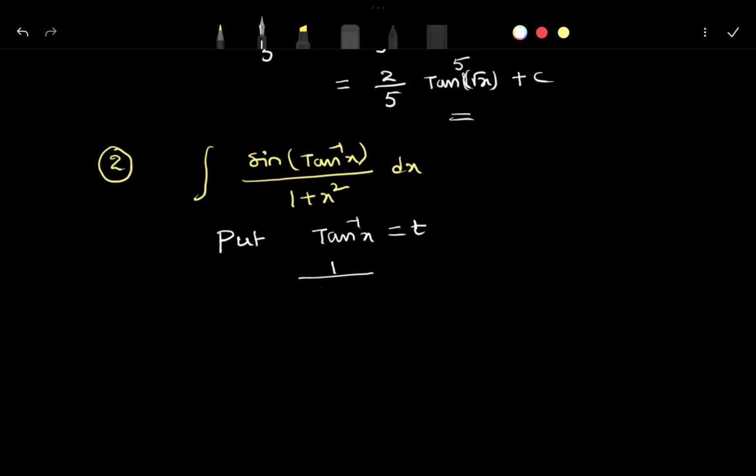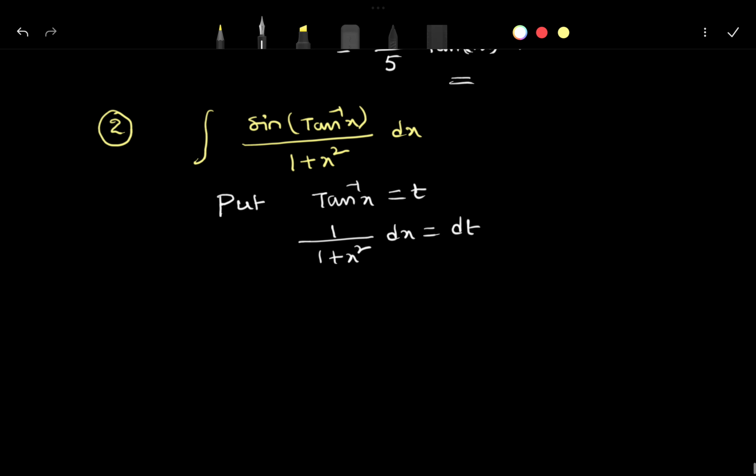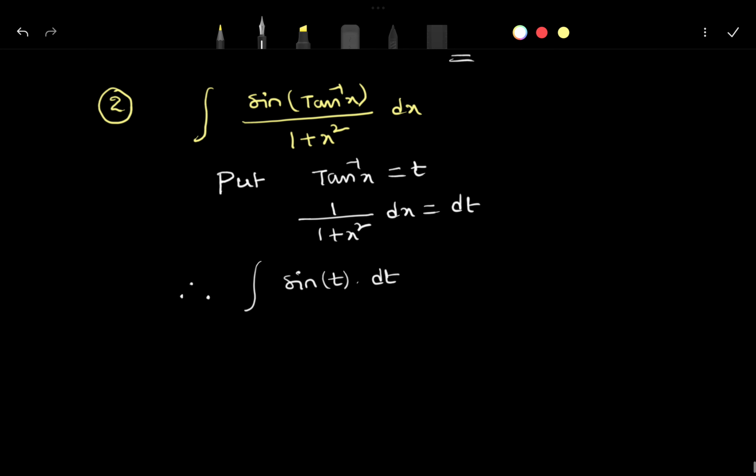So 1 by 1 plus x square into dx equals dt. Now substitute in the above given expression, therefore integration of sin t into dt.